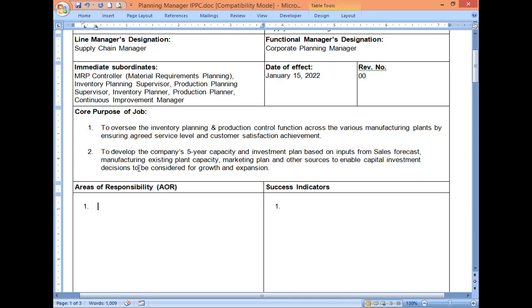So let's start with inventory. Then we'll just merge inventory and production planning because they're all the planning manager's responsibility.